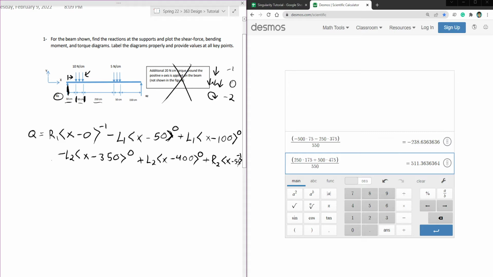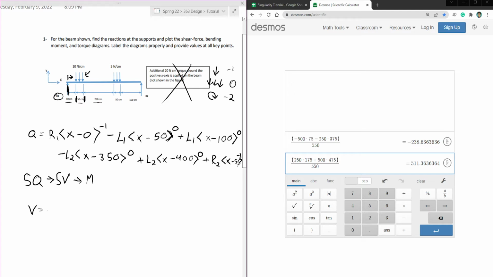Okay, so then from there, to get to our shear force and our moment, we have to take the integral. The integral of our Q gives us our shear force, and if we take the integral of that, we get our moment. So we're just going to integrate this, and it's very easy.